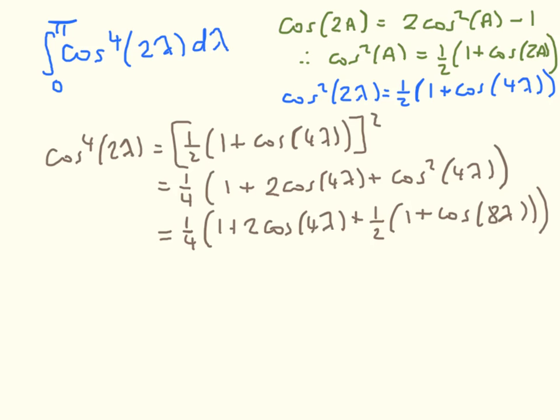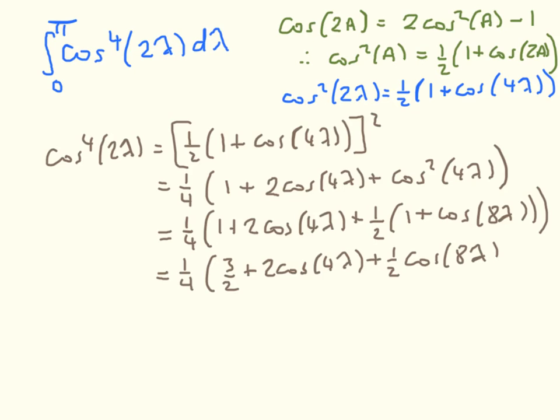Now we might as well tidy this up a little bit. It is 1/4, and here we have a 1 plus 1/2, so that's 3/2, plus 2 cos 4 lambda plus 1/2 cos of 8 lambda.